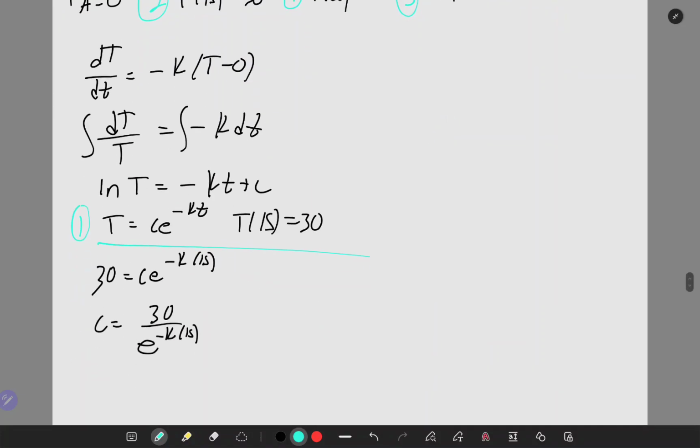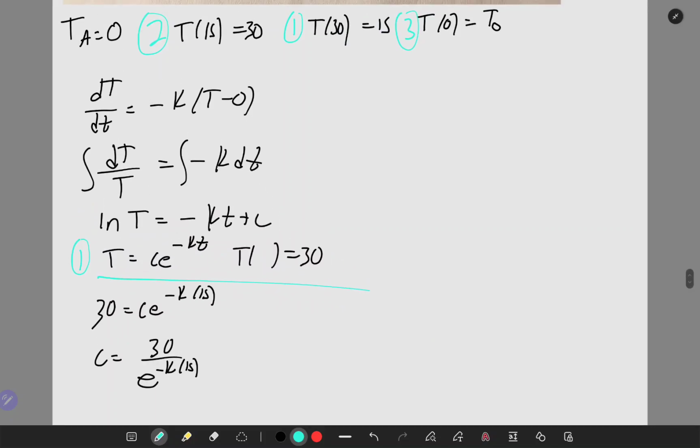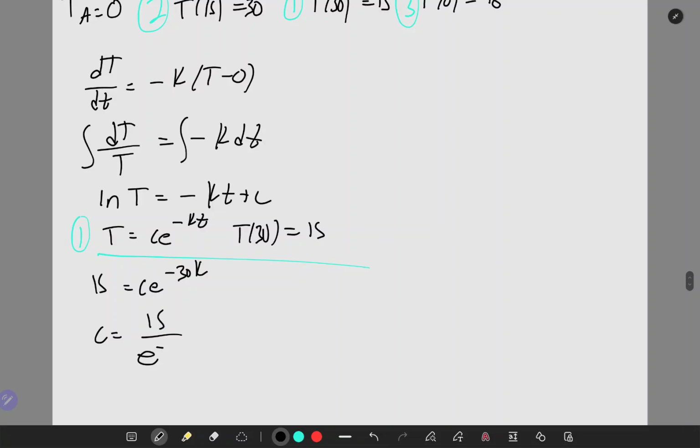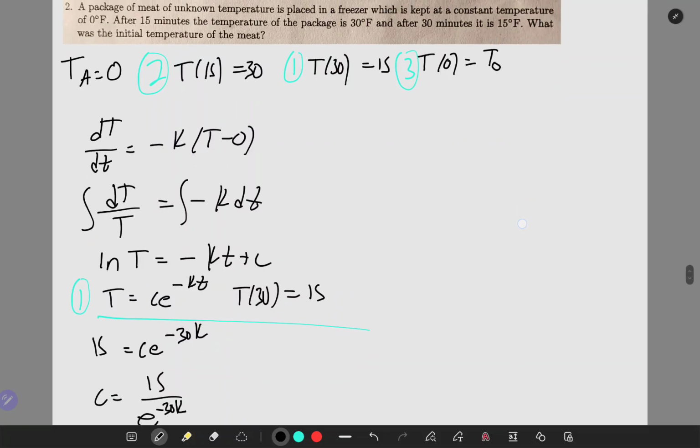So let me fix this. This would be time, start with time 30, is equal to 15. So then 15 is equal to negative k times 30. So I'll rewrite that. So this is 15 over e to the negative 30k. Yeah, that makes a lot more sense.